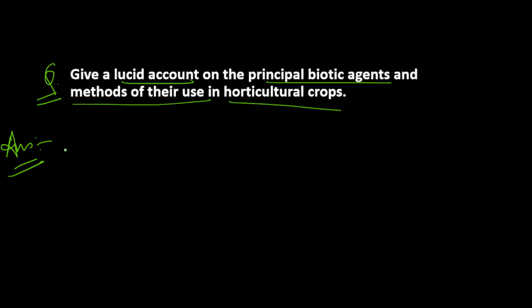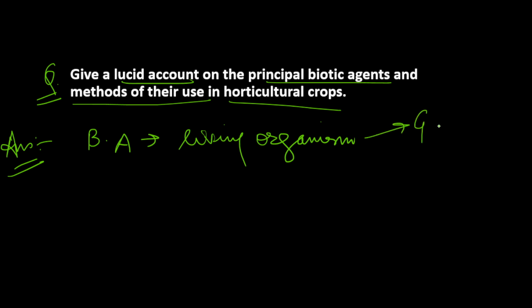So in the introduction part, you can simply describe what biotic agents are. We all know that biotic agents are living organisms that can influence growth, yield, and protection of crops.